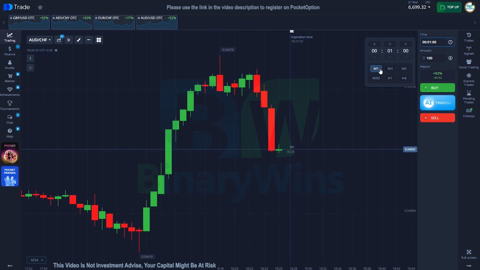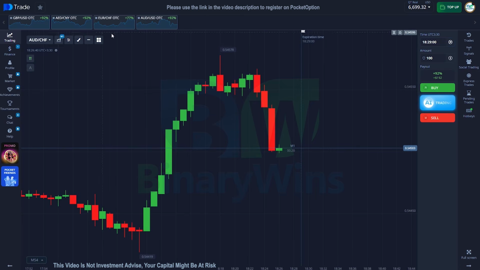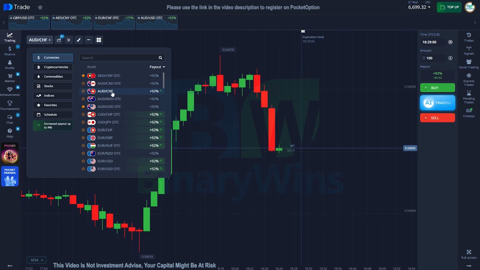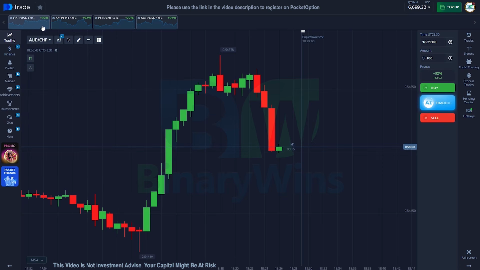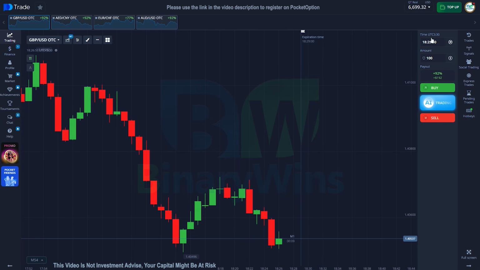For trading in the floating time in the main market currency pairs in PocketOption, we can use the time from 2 minutes up. So, because I clicked on the main currency pair, my trading time changed and I have to set it back to 1 minute floating.